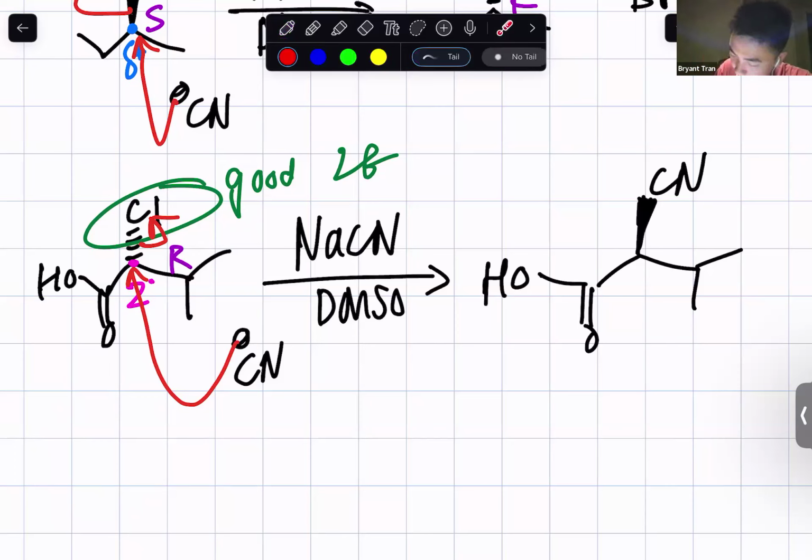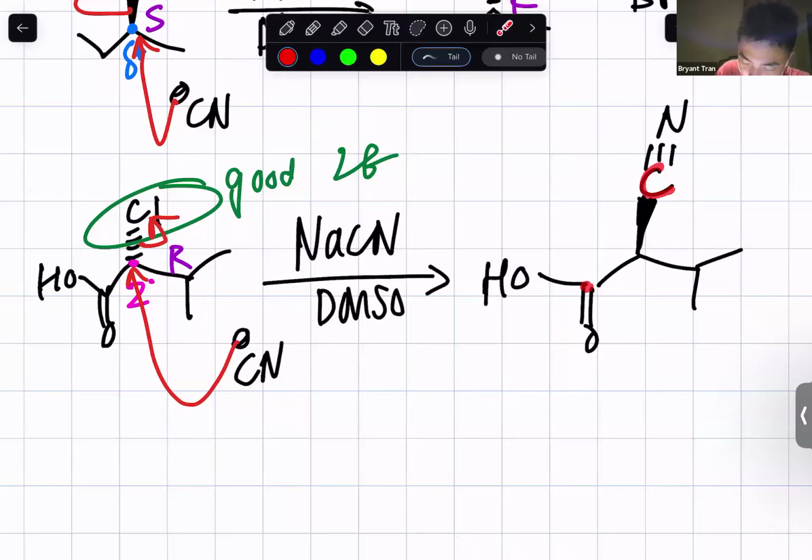Now, what about this one right here? S. Yeah, so let's see here. This is going to be 1, 2, 3. Okay, so this one here is a little bit tricky. It remains R still. It remains R because if I draw out this carbon here that is triple bonded to this nitrile, this carbon and this carbon are tied in terms of atomic number.